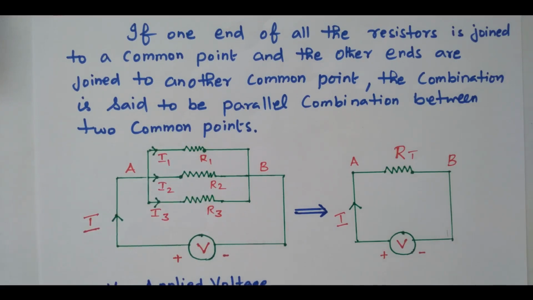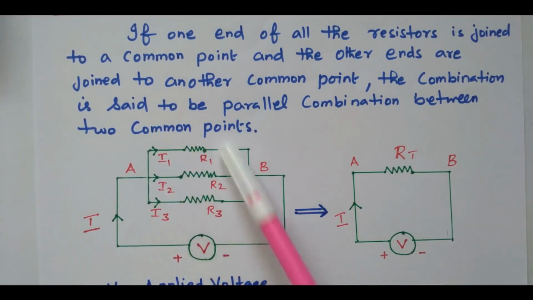In series, V equals V1 plus V2 plus V3, but here the total current equals the sum of the currents flowing through each resistor. What about the voltage? The same voltage V is applied across R1, R2 and R3. The voltage will be the same, but the current will be different.